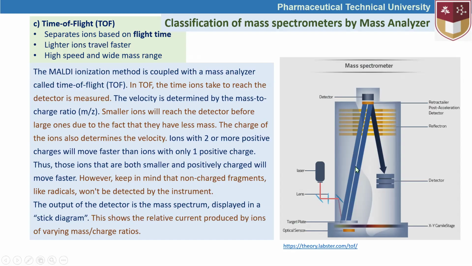So by the time of flight, they can reach the detector and be identified. Reflection can also be observed. The ions reflected can be identified in another detector after reflection as well. So this is how the TOF works.